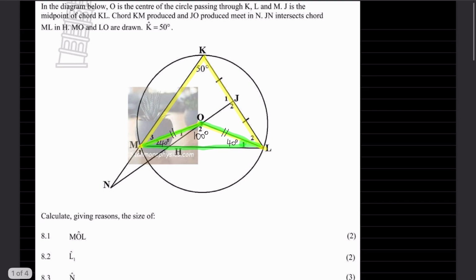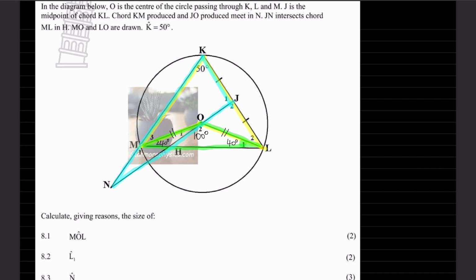Last question is to calculate angle N. Now to calculate angle N, since angle N lies outside of my circle, I can't really use any circle theorems. However, angle N falls within a triangle, this triangle right here.